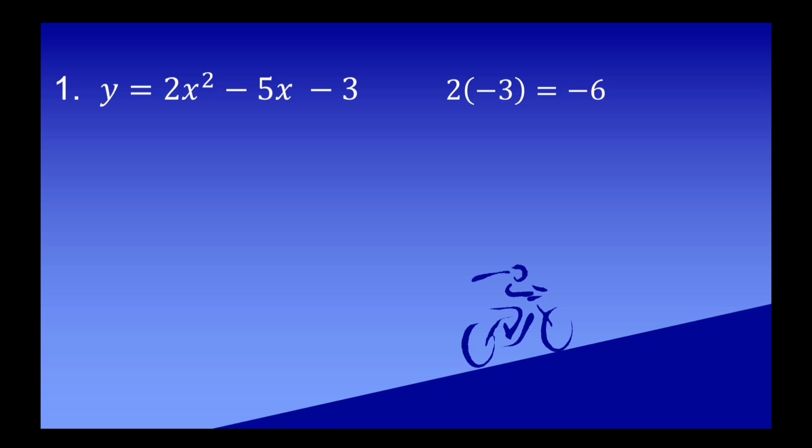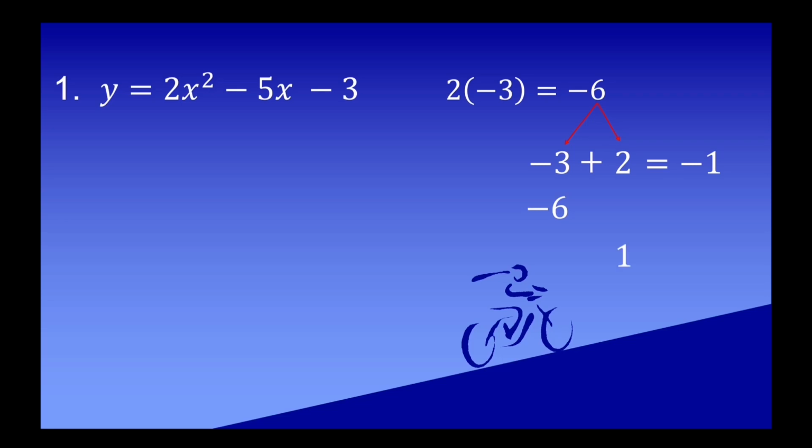So the factors of negative 6 are negative 3 and positive 2. If we sum up these two factors, negative 3 plus 2, that is negative 1. But our middle term is negative 5, so let's find another factor.